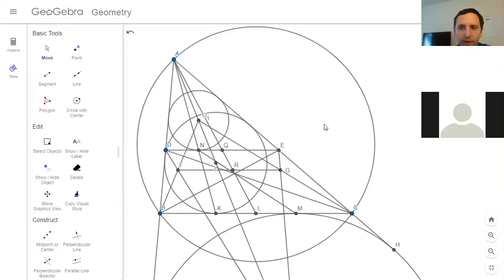Maybe we could use Desargues again. So we want to show that the line through Q and the excenter passes through this intersection point.